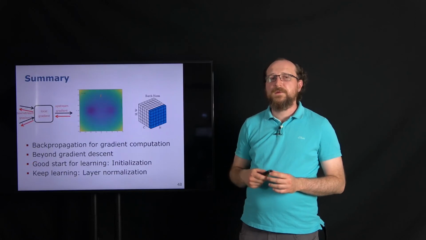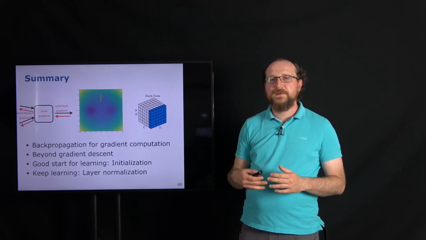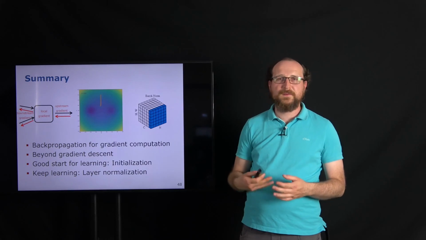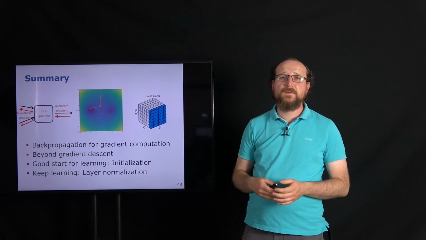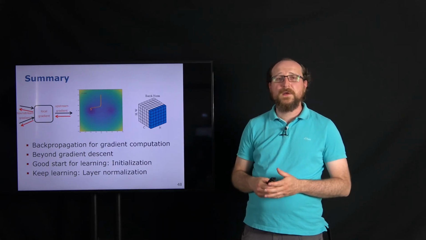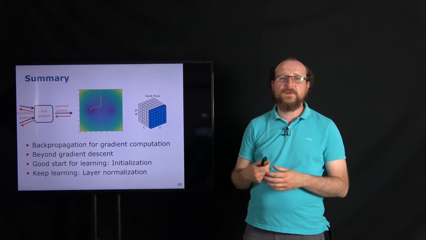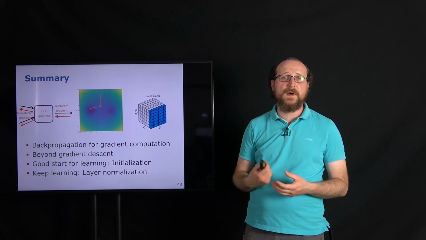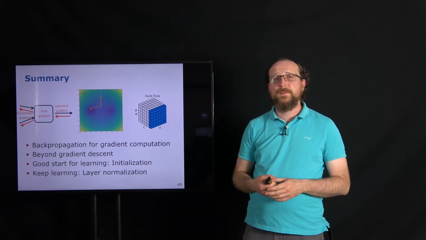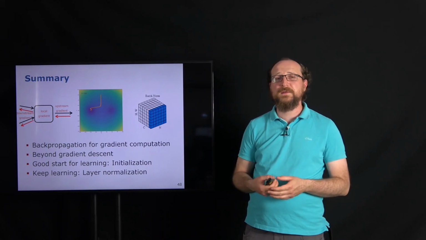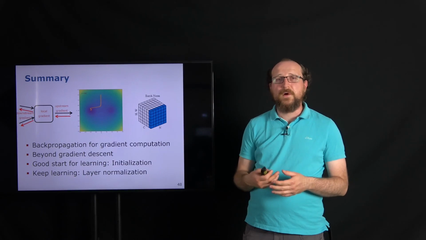With this, we have now discussed all the parts that are needed to get network training. The first part was how to compute the gradients that we need to update our parameters. The second part was the optimization.